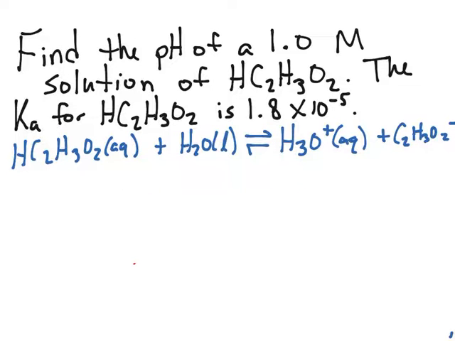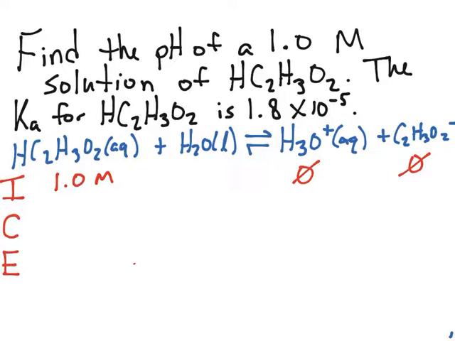So think about what we know here. We know some initial concentrations, we know something's going to change, and we know an equilibrium is going to get established. Well, initially we have 1.0 molar of this weak acid. I don't really care about water because it's not part of the equilibrium expression. And then over here I have no H3O plus, nor do I have any of the anion because the reaction hasn't begun yet. So start thinking about the changes here.